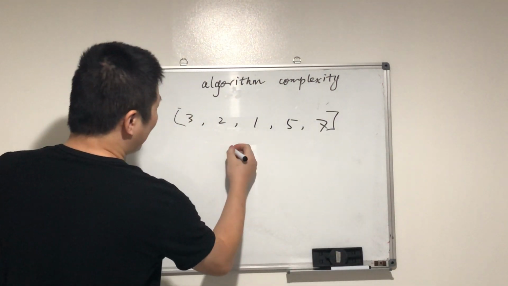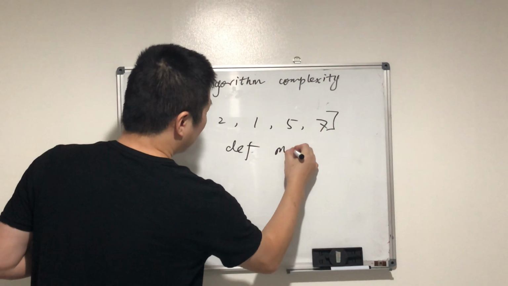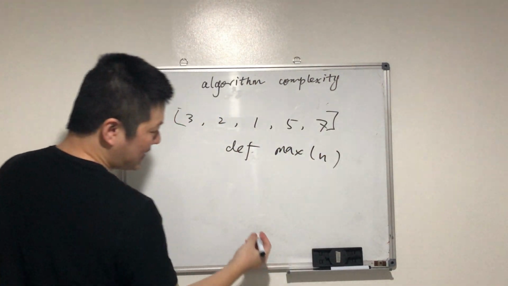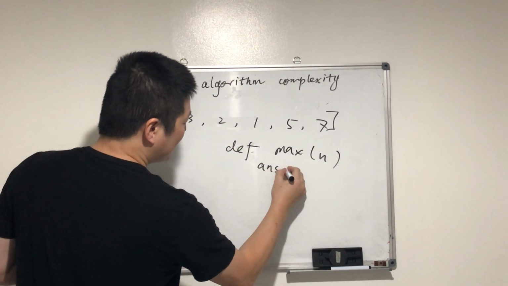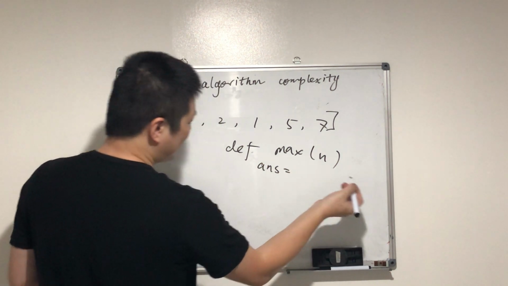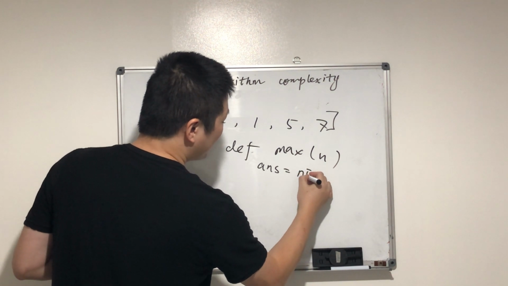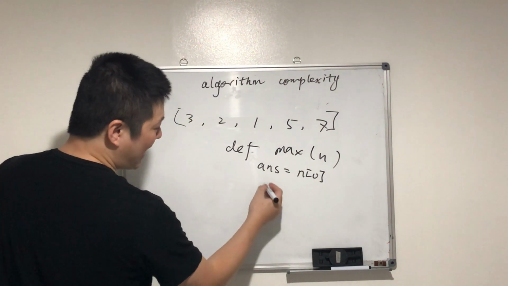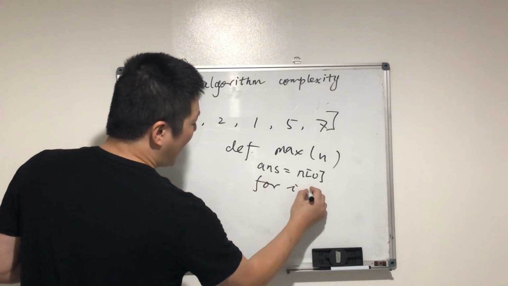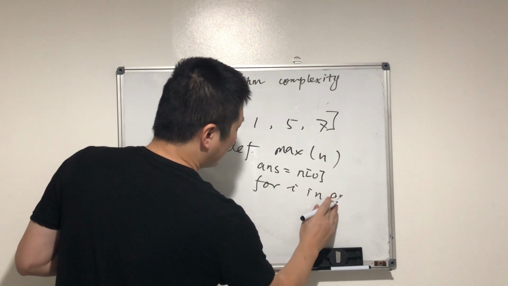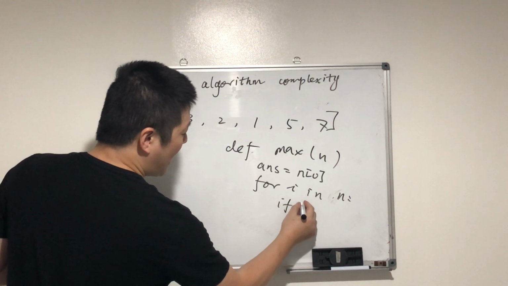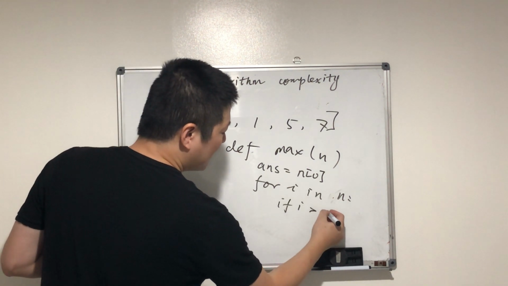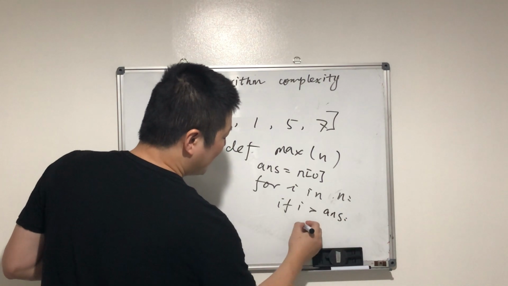You know how to do this, yeah? Define max of n. You can just do this: set the answer to a very small number, let's say put in the first number at the beginning, or 0. And then for i in n, if i is bigger than answer, then answer equals i.